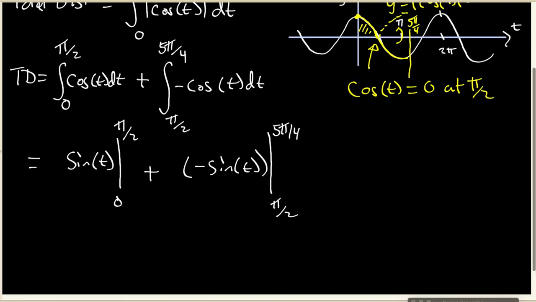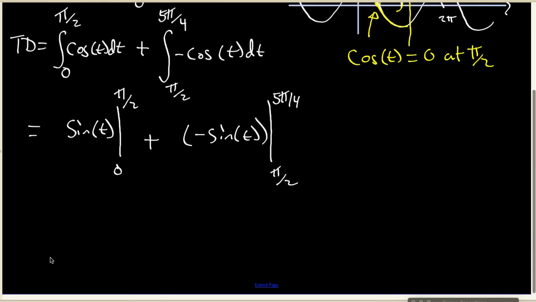Now it's a matter of just plugging the numbers in, but I have to be super careful of the minus signs. So in this one, I'm going to simply have sine of pi over 2 minus the sine of 0.